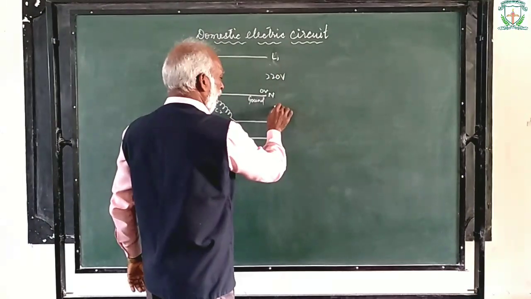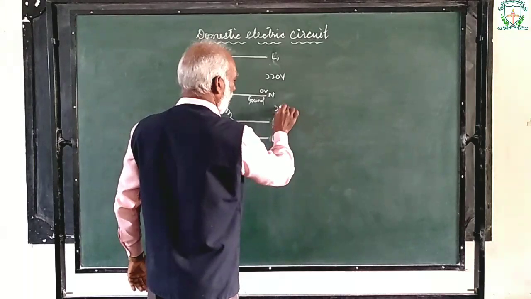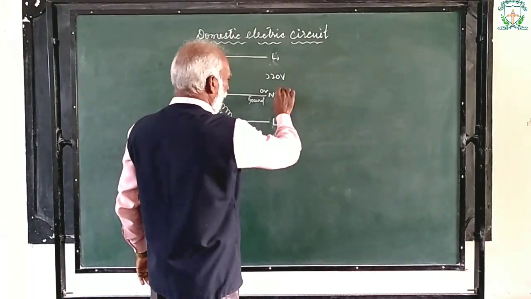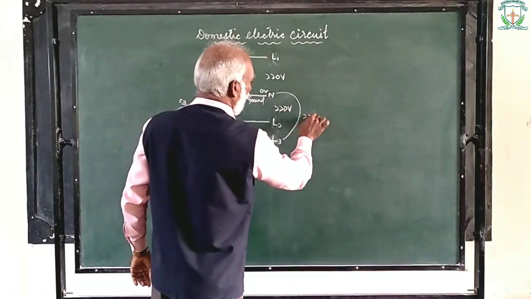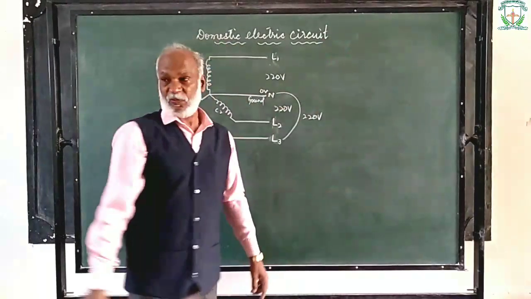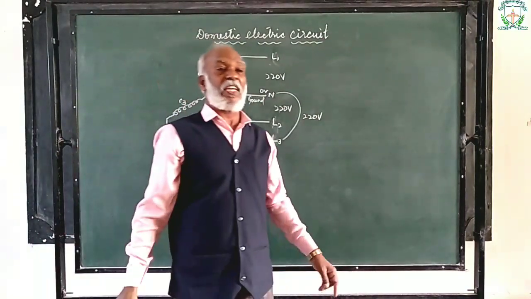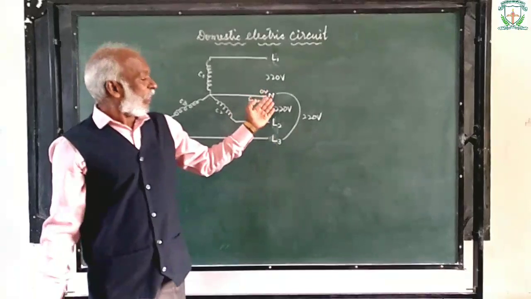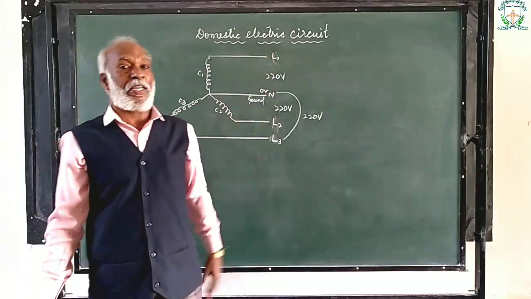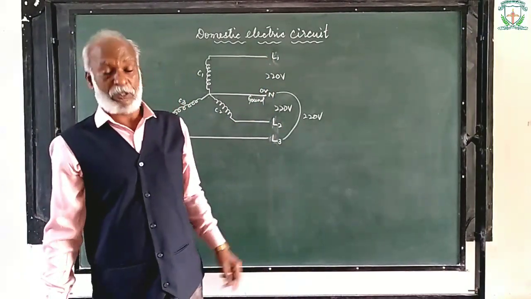Between these two it is 220 volts. Between these two it is 220 volts. So the potential difference between the neutral and one of the line wires is 220 volts.